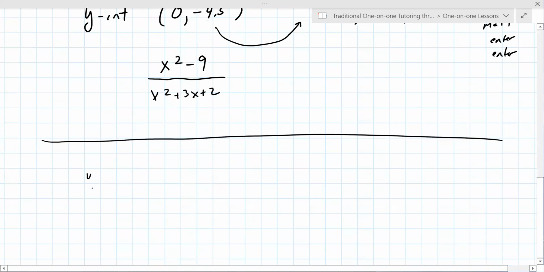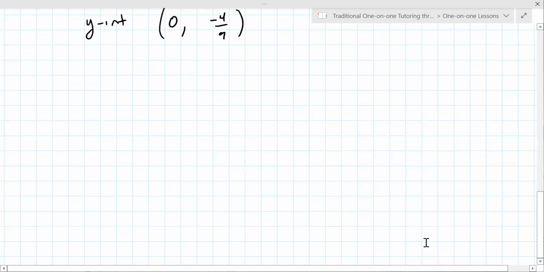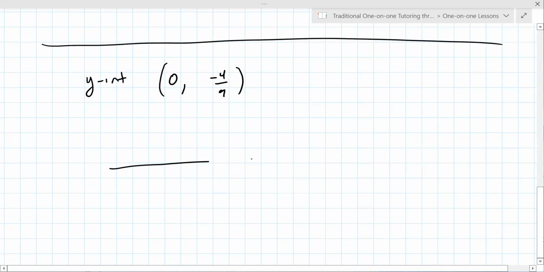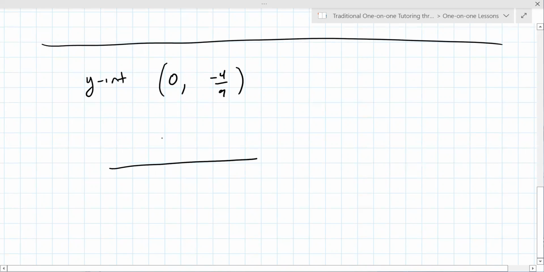Now we'll move to another problem here. Let's say the y-intercept is 0, negative 4 over 9. So you're looking for a function that has a 4 or a negative 4, and then over a 9 or a negative 9. So it would be x plus 4, and then x minus 3 squared. x squared minus 9.